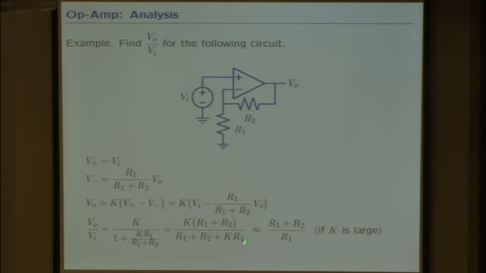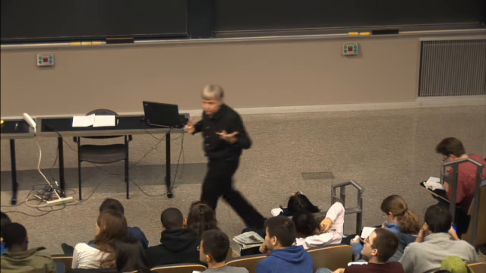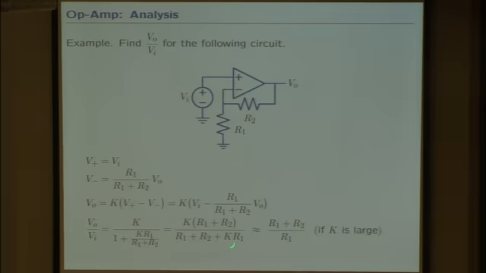I get this expression after some algebra. And then I say, yeah, but I know that k is really big. So if k is really big, kR1 is big compared to R1. So I can ignore that. In fact, k is so big that for any reasonable choice of R1 and R2, kR1 is even bigger than R2. So that means this reduces to this kind of a fraction.